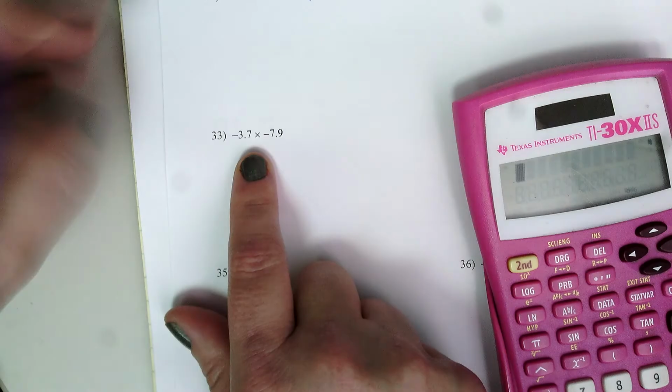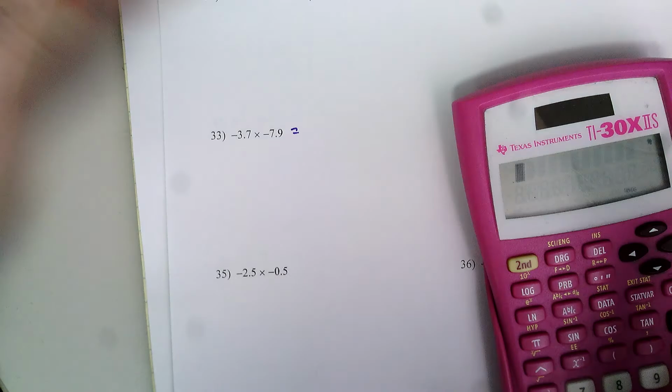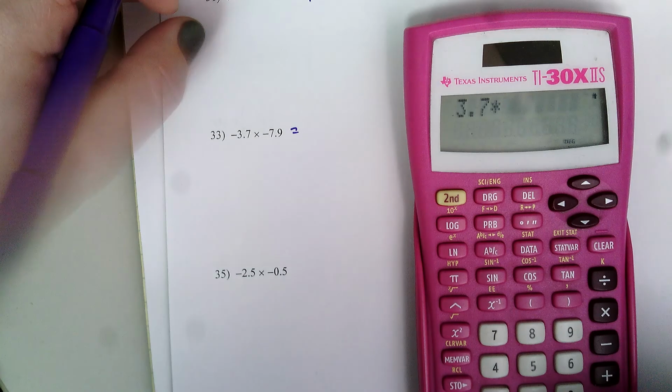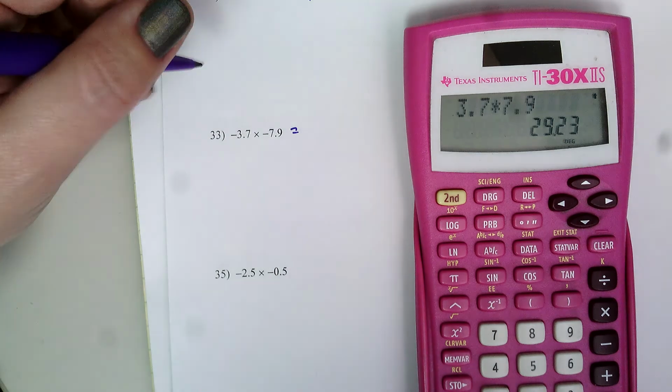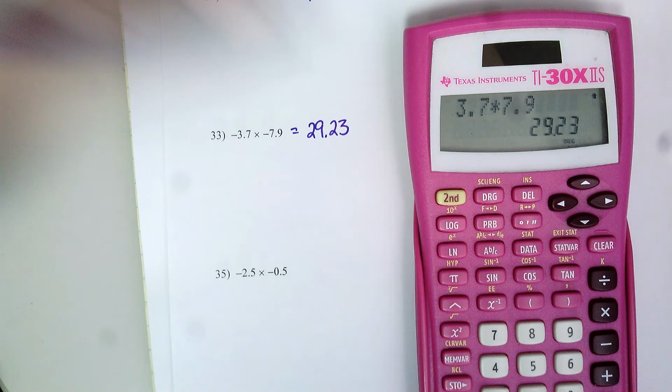These two, I have two negatives, so there's an even amount of negatives, so my answer is going to be positive, so I don't need to worry about the negatives. So I just have to type in 3.7 times 7.9, and that gives me 29.23, or 29 23 hundredths.